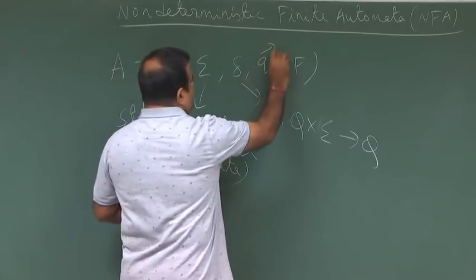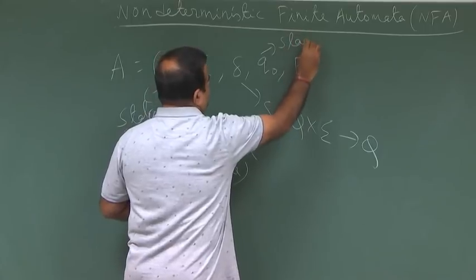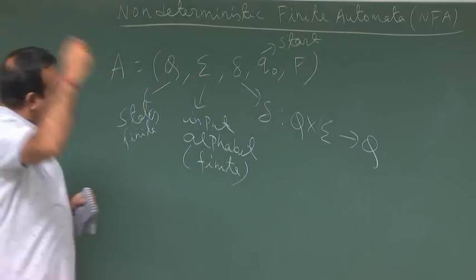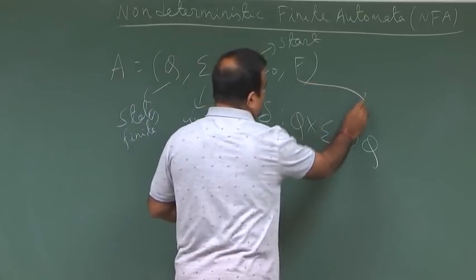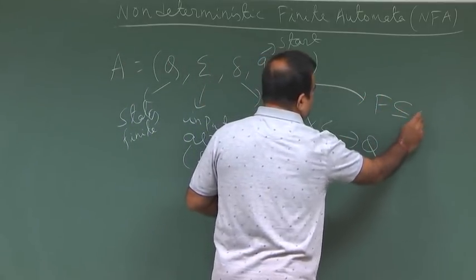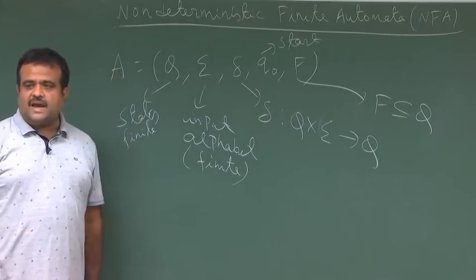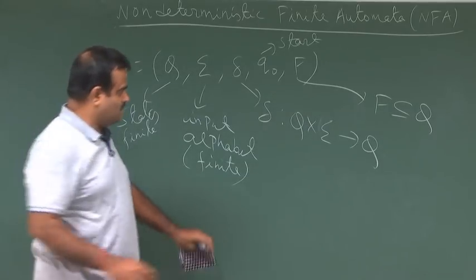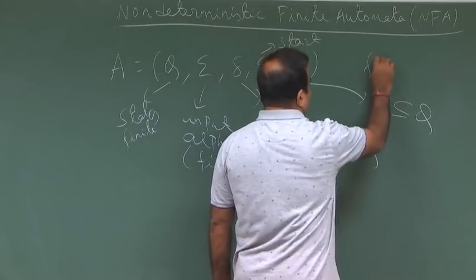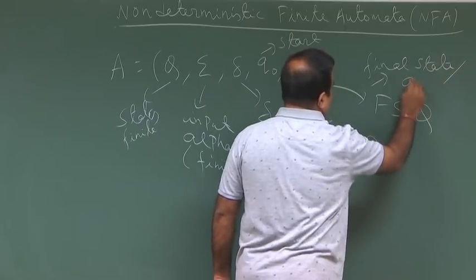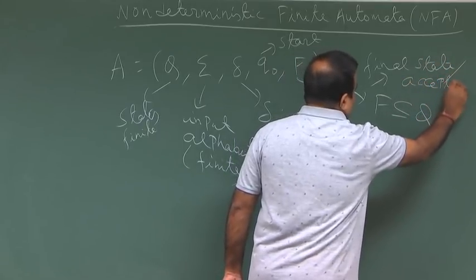And this one is the start state or initial state, and F is a subset of Q, which is some of the states which are called accepting states or the final states.